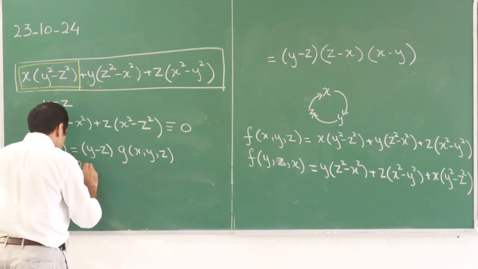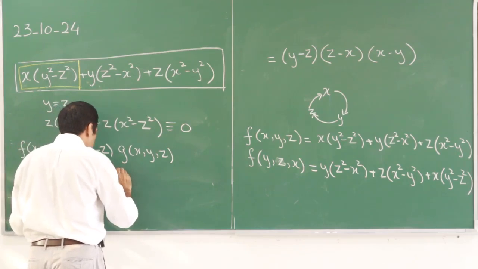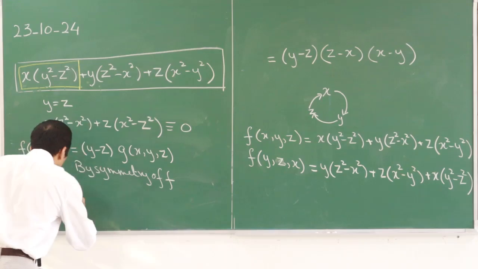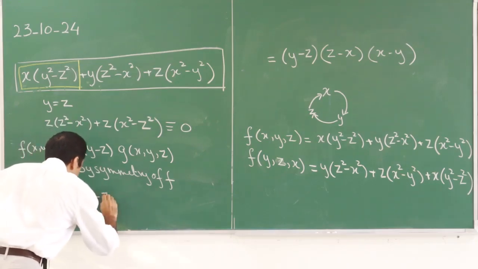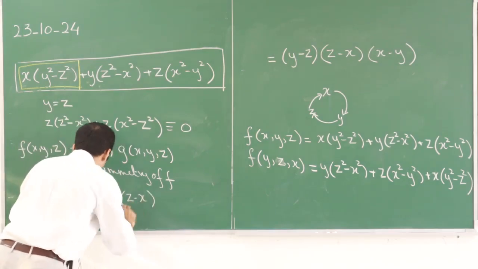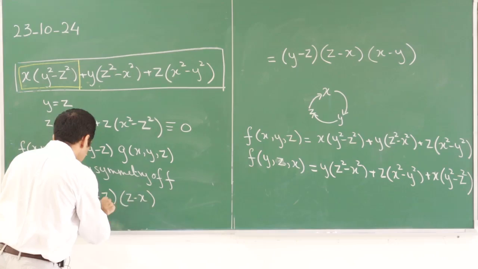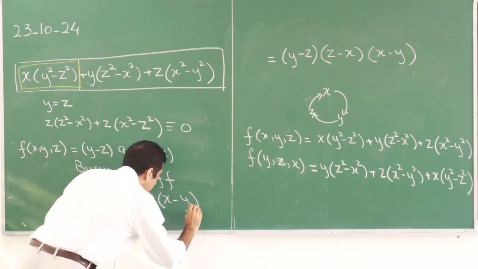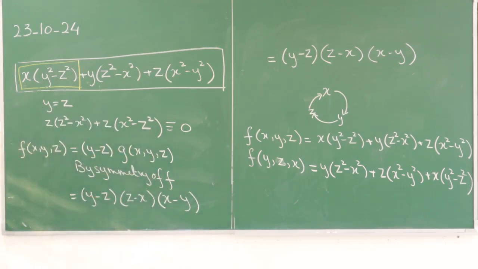By symmetry of f, what must turn out to be true is y minus z, z minus x, with y going to z, z going to x, and then z going to x and x going to y. These must be factors of this polynomial. I don't know the constant yet. There's a constant k here that I don't know about, because this argument does not tell me anything about constants. Is this clear?